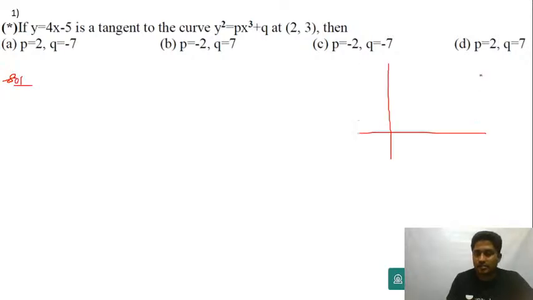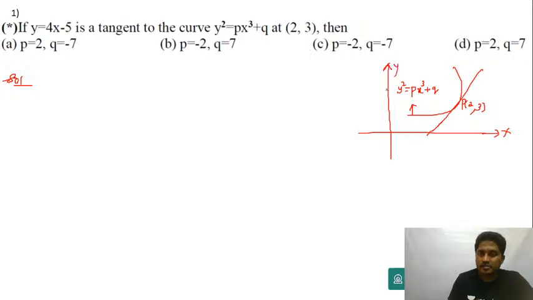I'm going to draw a tangent at the point 2, 3, and this curve will be y square is equal to px cube plus q.